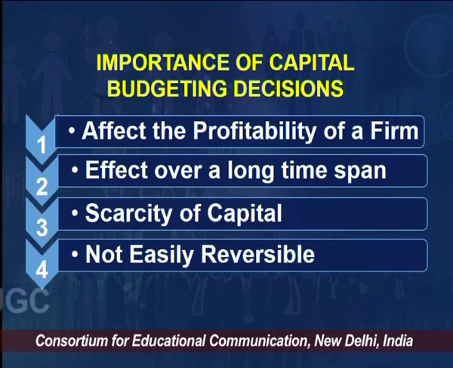The fourth point in favor of capital budgeting decision is that they are not reversible. Whatever we decide today, that I decide to invest in X plant or Y machinery or Z building, they all are capital budgeting decisions, but we cannot reverse them.